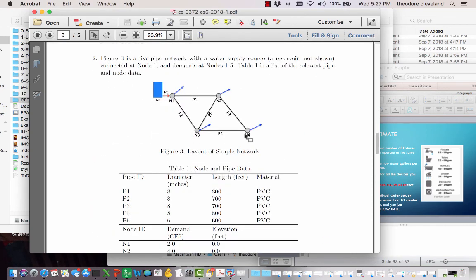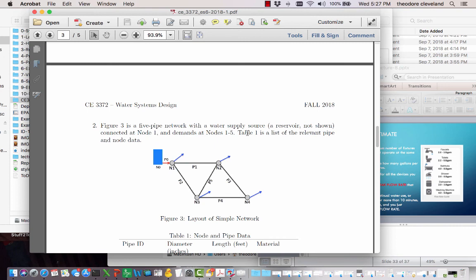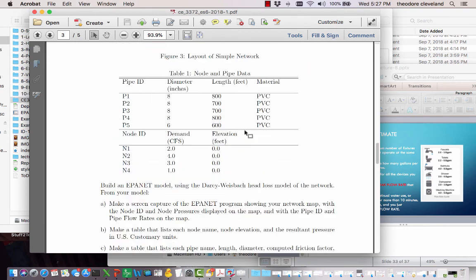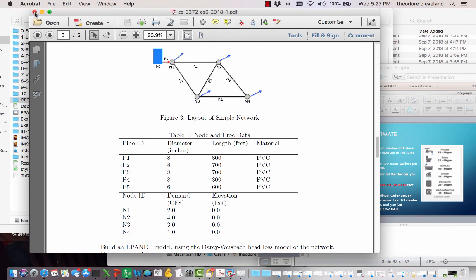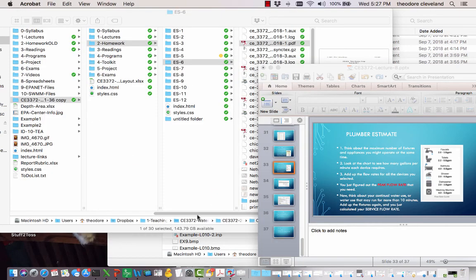And then let's see, the remainder of the problem is stuff that you can do in your computer spreadsheet, although it's an EPANet problem. So that's pretty much what there is to demand estimation.